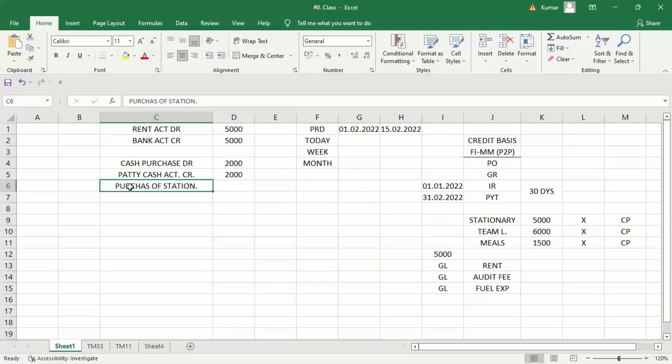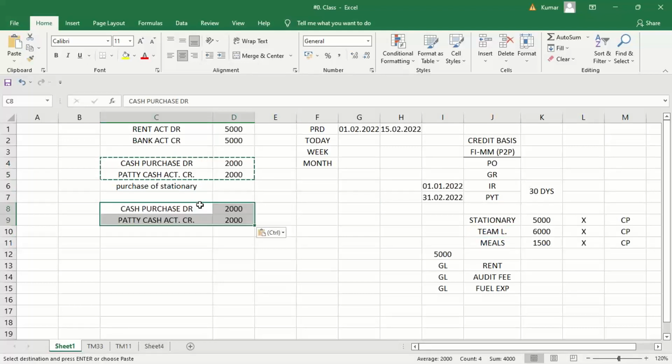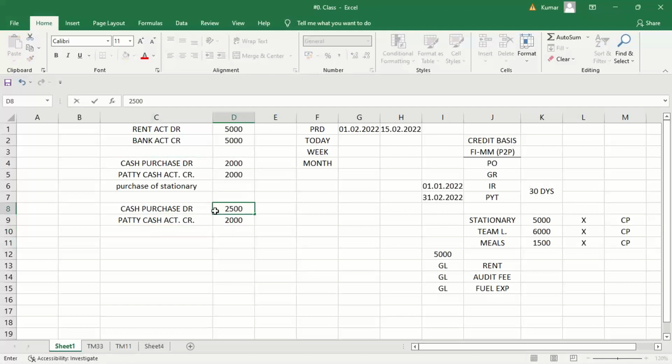This is the text we are going to specify. Now, next time, again, team lunch, that is also a kind of cash purchase. The same transaction is going to be posted worth 1,500.